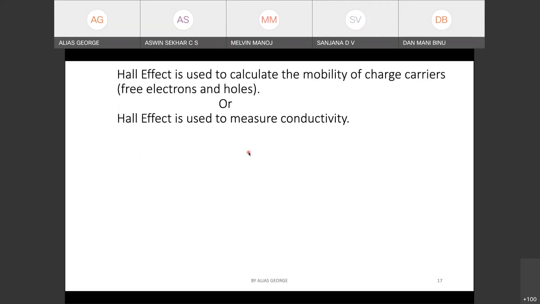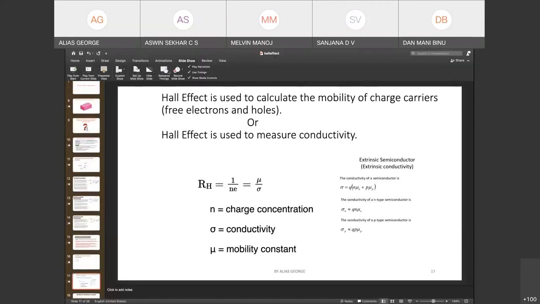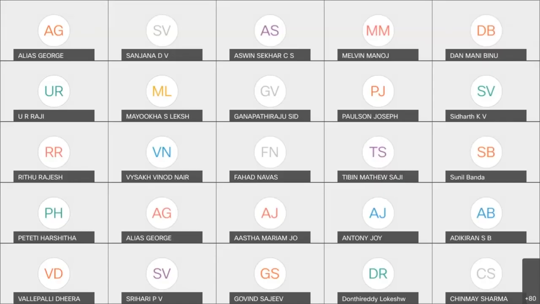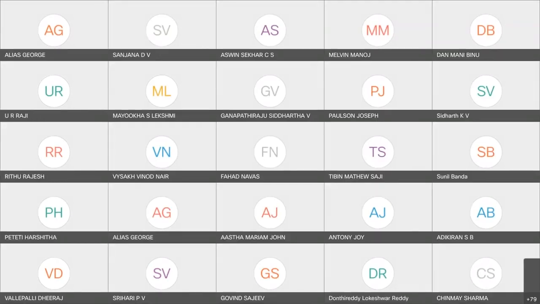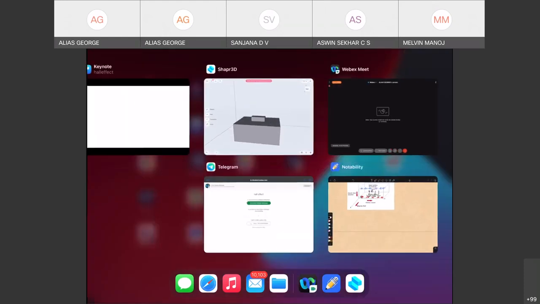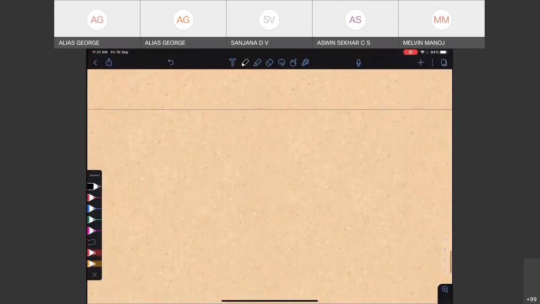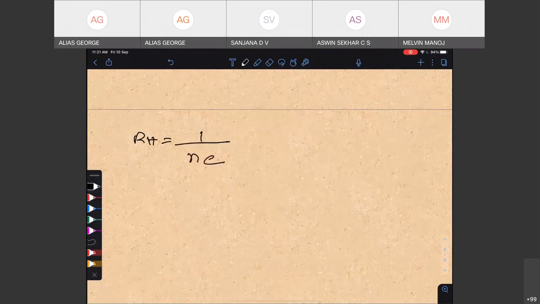I'll be explaining this. Only some more details are pending. So the Hall coefficient is 1 by NE, right?